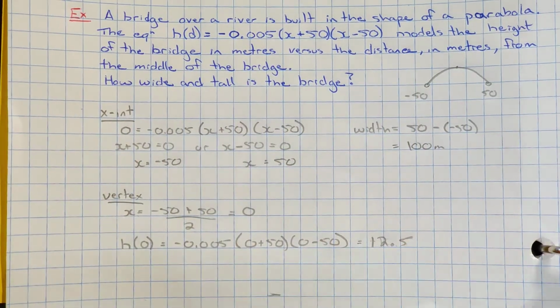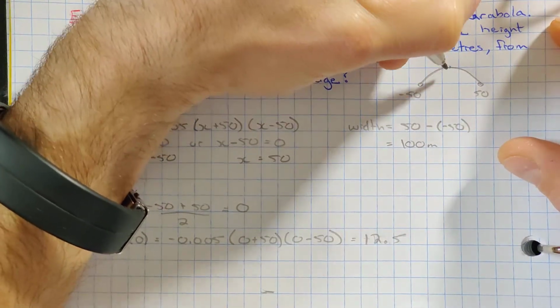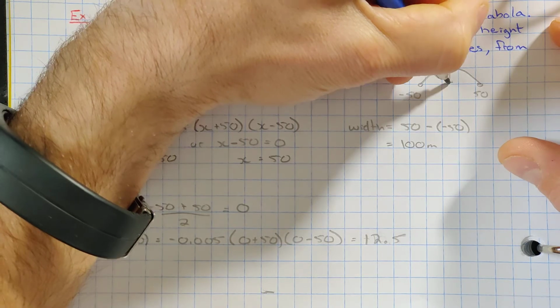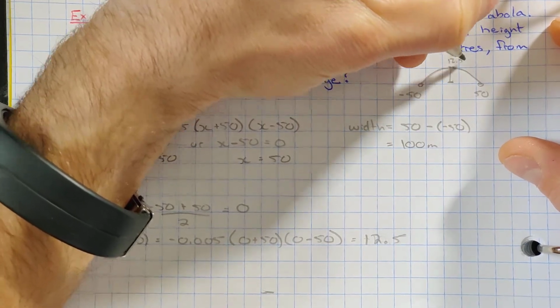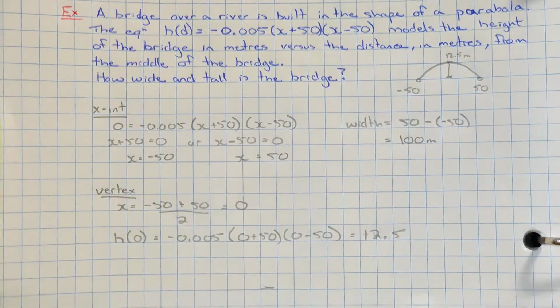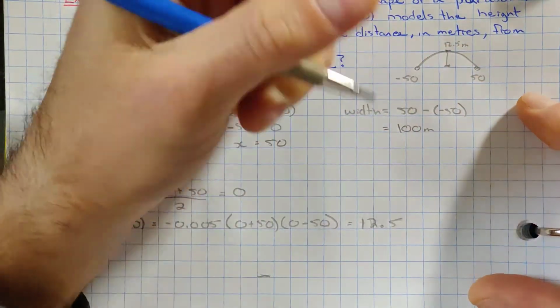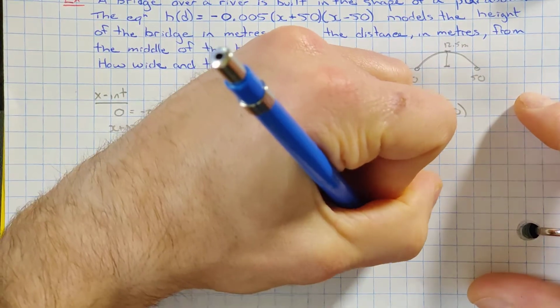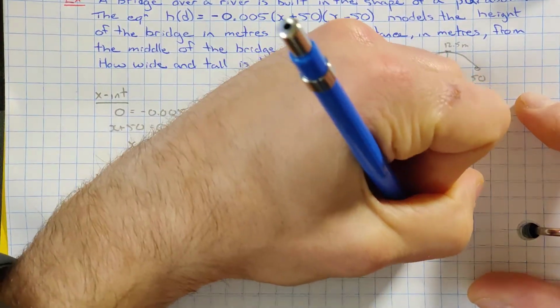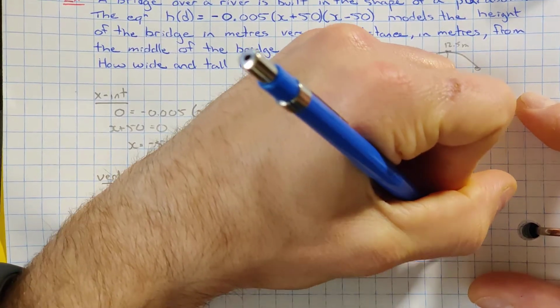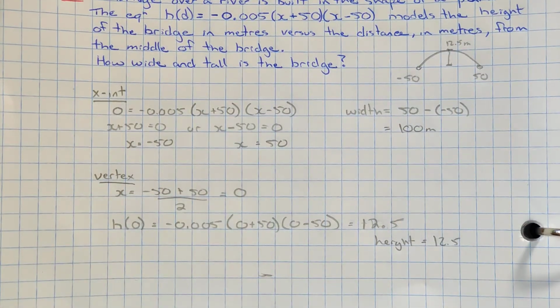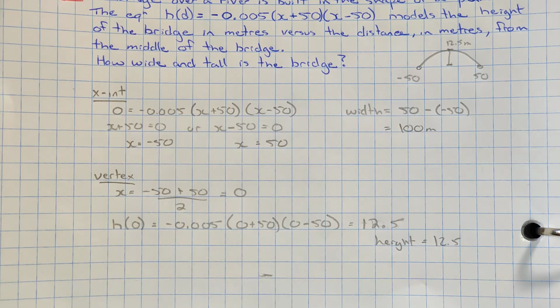So we got 12.5 as our height. So that height up here, it means this bridge from here to here is 12.5 meters. So there's our height. And then you could make some sort of statement to that effect. The width is 100 and the height is 12.5 meters.